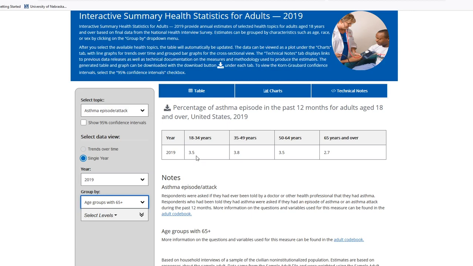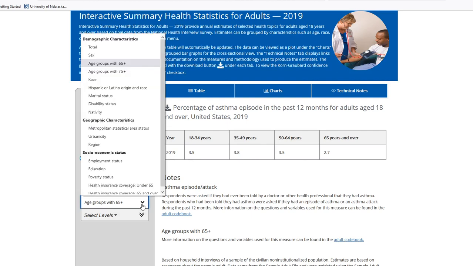It's low in the early 20s, a bit higher as we approach middle age. It decreased again in old age. It's even lower. It could be due to mortality among elderly people. Could be one factor.